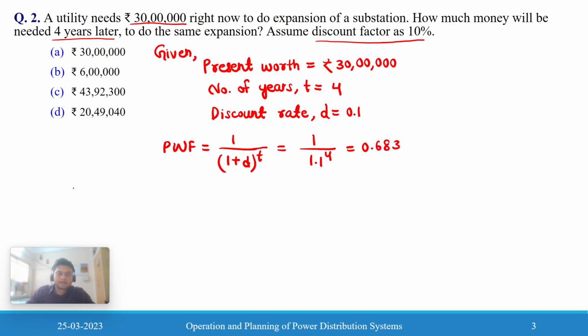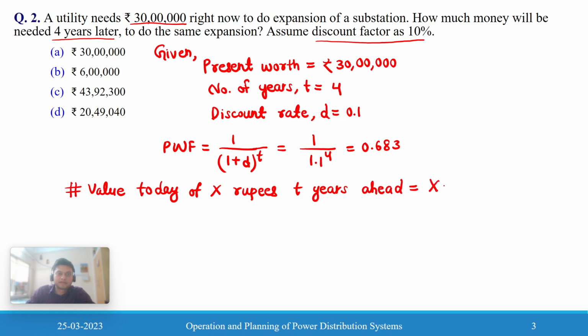Therefore, we know that the value today of X rupees T years ahead is equal to X into present worth factor, as we wrote in the previous slide.